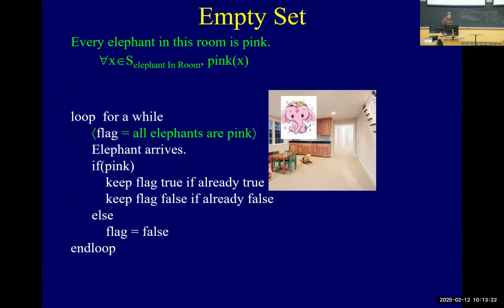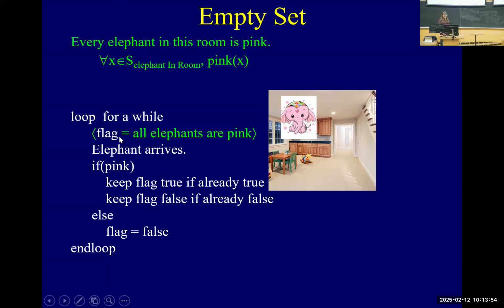All right, so here's a little bit of code. Elephants arrive, and what are we going to do in our loop? If an elephant arrives and it's pink, then we stay happy. Otherwise, we crash out and we go home.